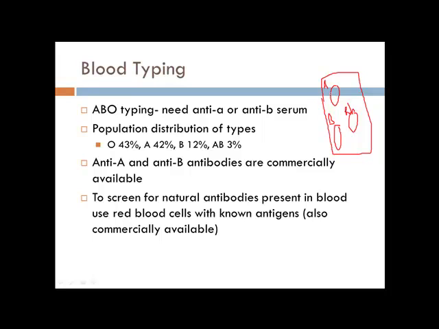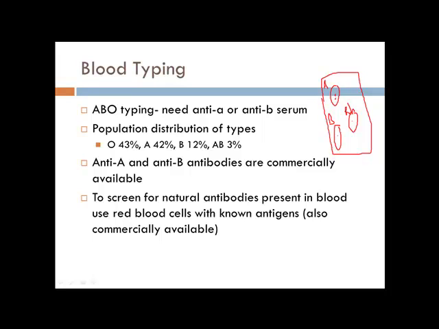I have an unknown blood, so I put some drops of blood in each well. Next, I take anti-A antiserum, which will have anti-A antibodies in it, and I put it in the first well. I put anti-B antibodies in the second, and I put anti-Rh antibodies in the third.